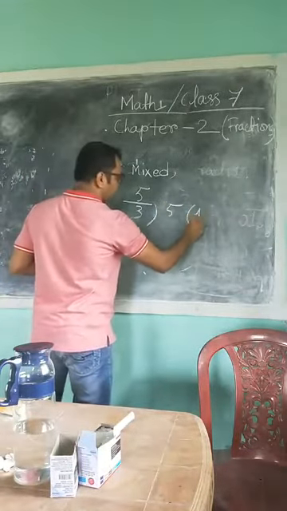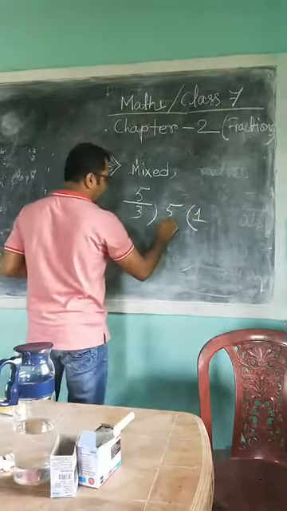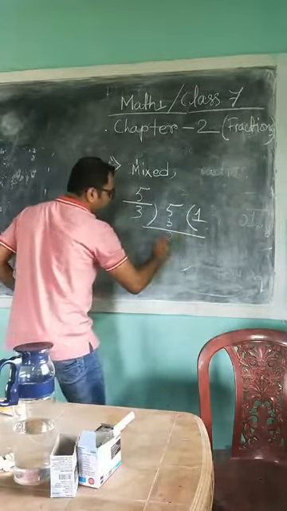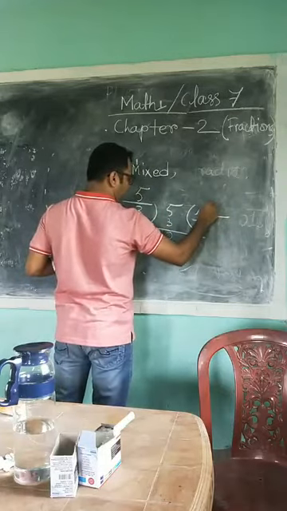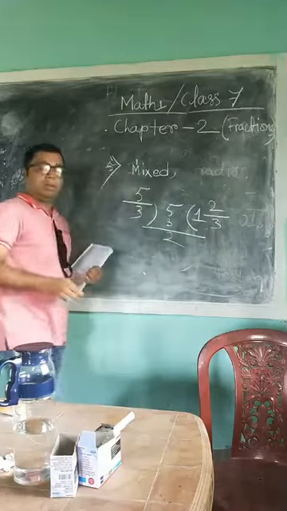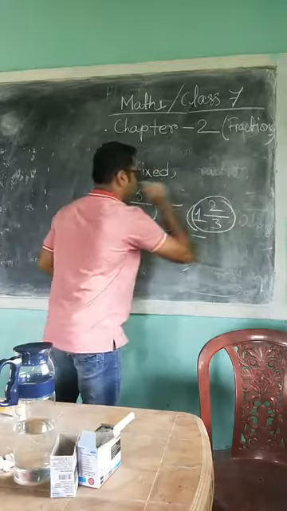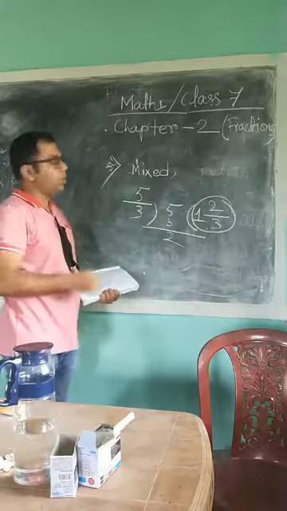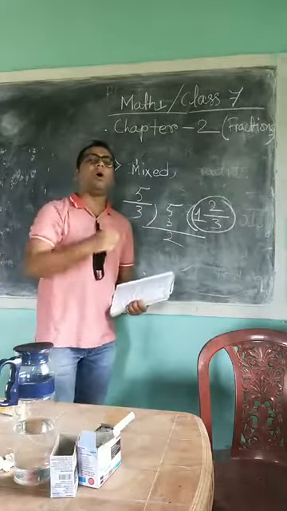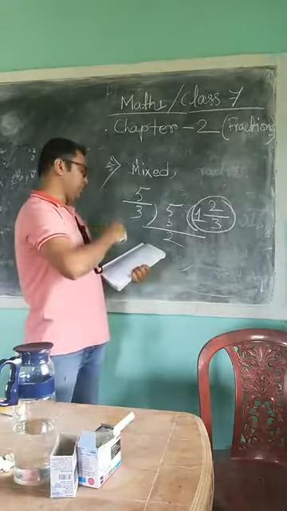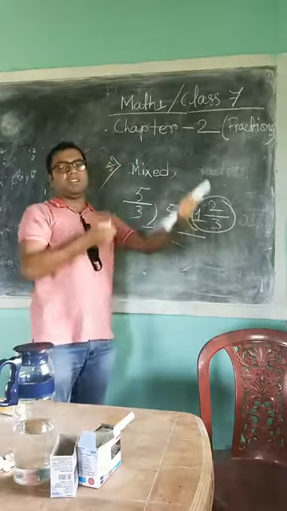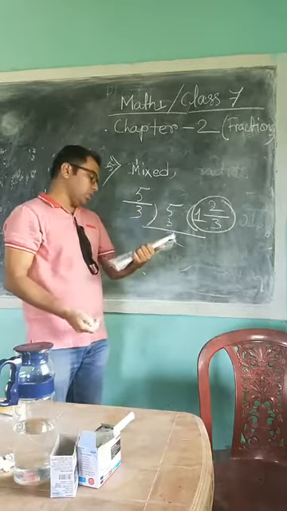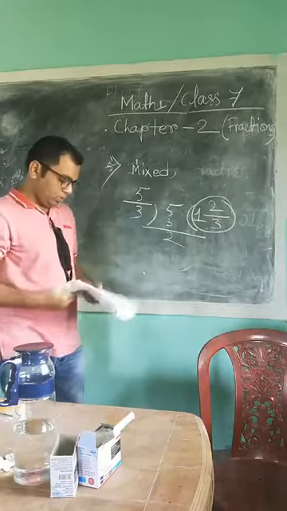Divide 5 by 3, I can write 1, 3 ones are 3, remainder is 2. So the new form will be 1 whole 2 by 3. This is called mixed fraction. So it is a form of improper fraction. Improper fraction can be turned into mixed fraction. Mixed fraction can also be reversed into improper fraction.